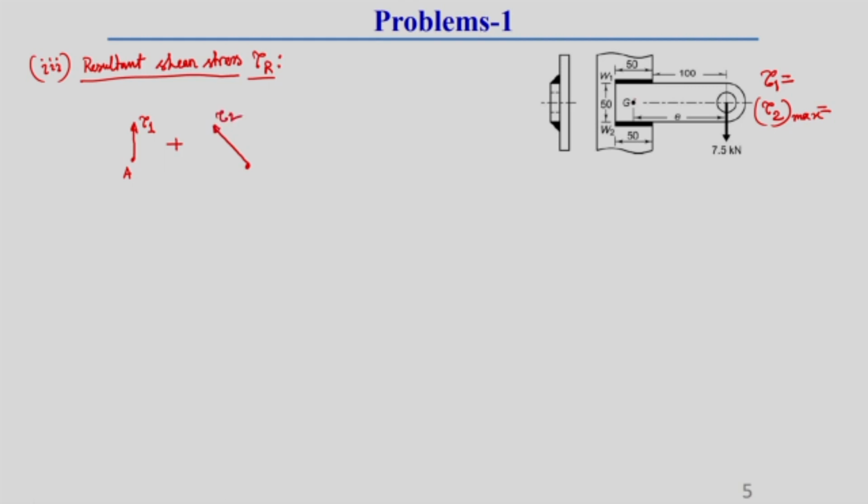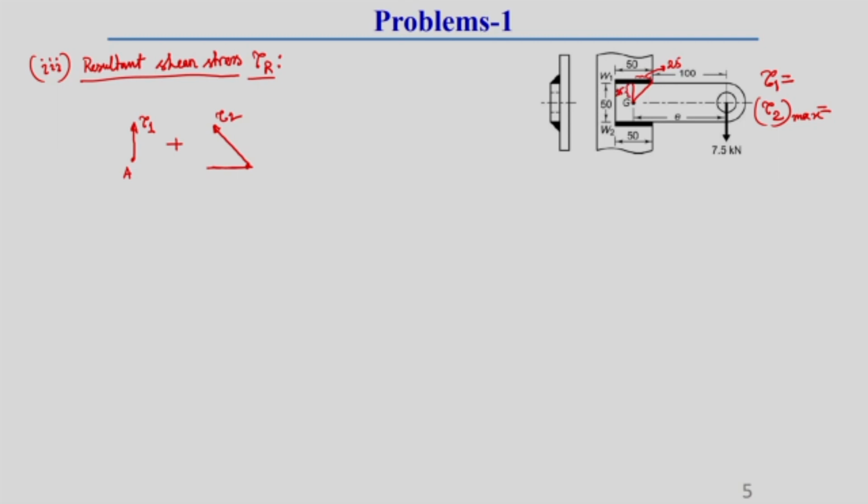Now, what is the angle between this tau 2 and horizontal shear stress, that you should know. So, angle between this tau 2 and horizontal shear stress we can easily find out from this geometry. Here you see this is 25, this is 25 and this is also 25.